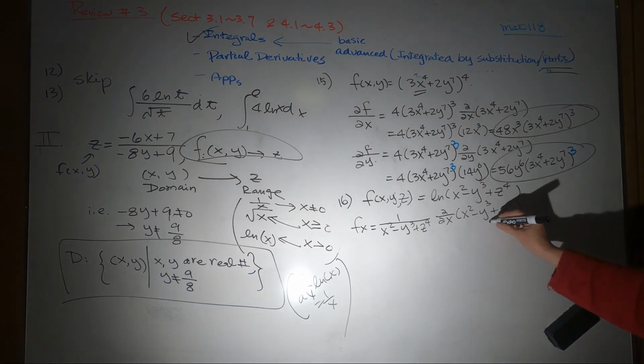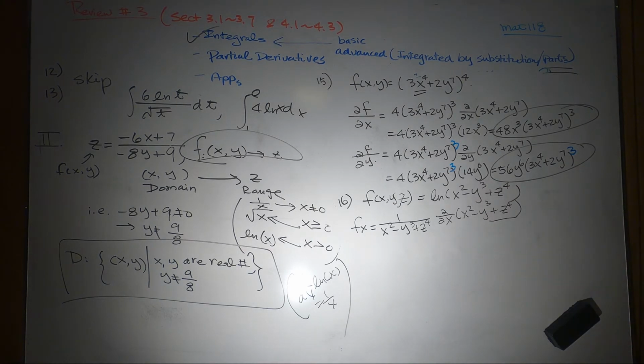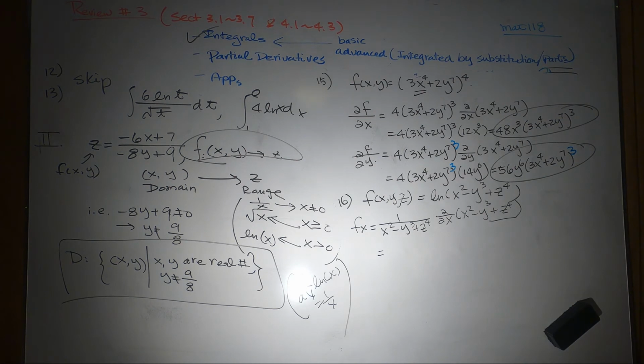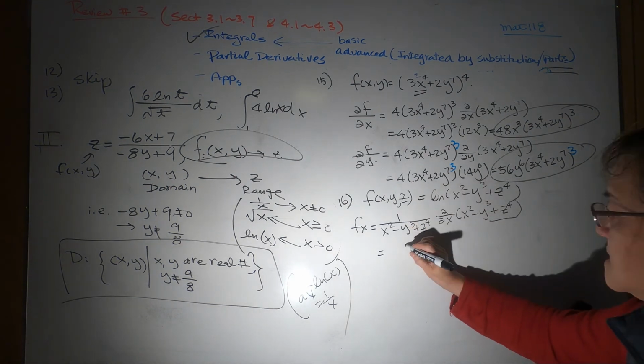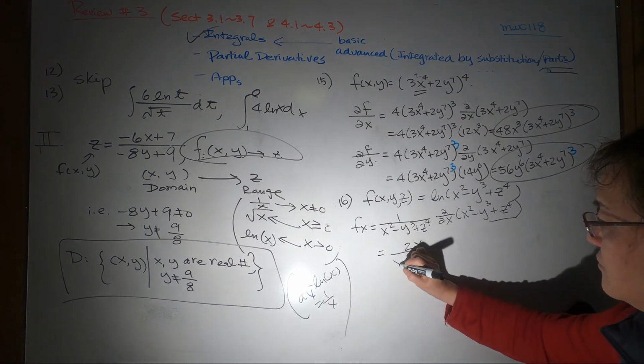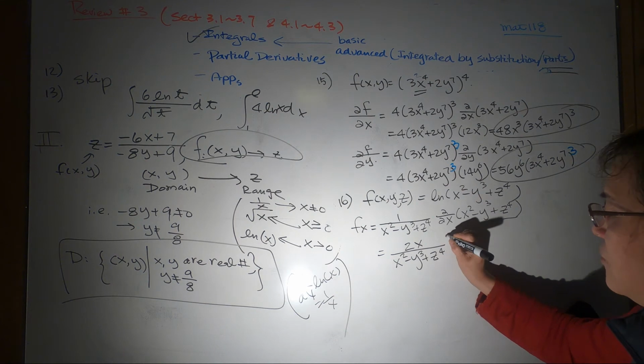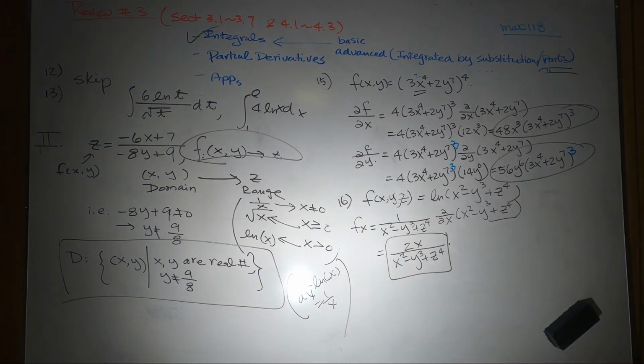Then treat the remaining as constant, then just deal with the x. So this one will be 2x. So 2x times this would be 2x over x squared minus y cubed plus z4. So that would be your answer.